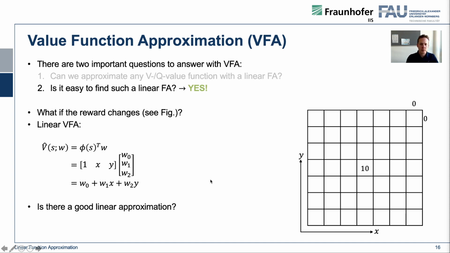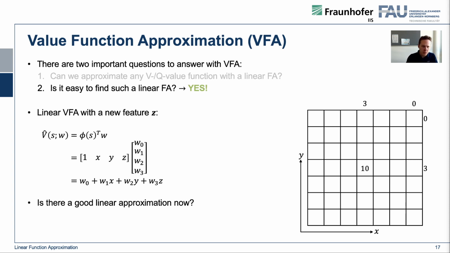Maybe think a moment about answering this question. So actually, no way, it's not possible. You cannot find an approximation that uses these state features to linearly estimate the value function.